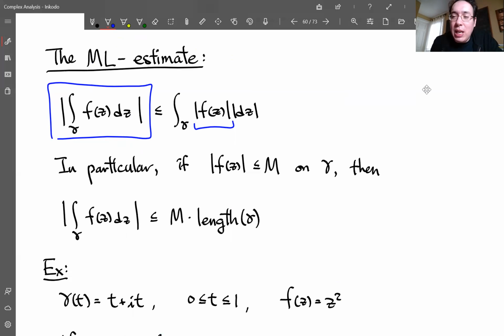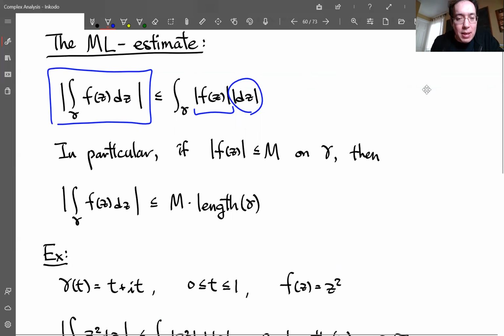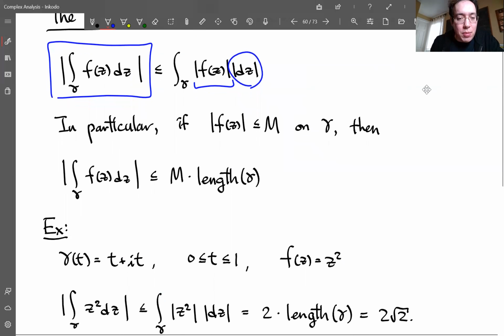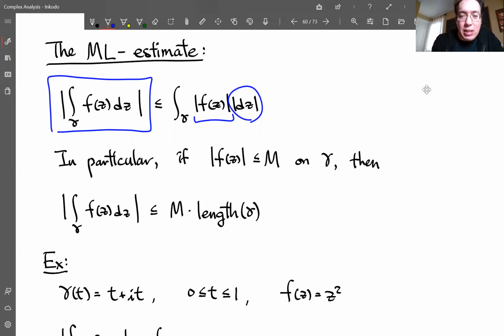So the notation for the integration with respect to arc length is kind of helping with this idea of this ML estimate. So let's think why this would have to be true. Actually, I could go a little bit further than that.